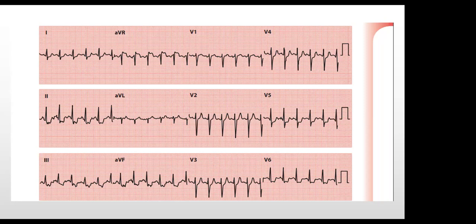The tachycardia can actually explain this, but if the history is consistent with somebody we suspect is having myocardial infarction, then this will be consistent with left main coronary artery occlusion or triple vessel disease, because that gives this classic picture of AVR ST segment elevation and widespread ST segment depression in the other leads.